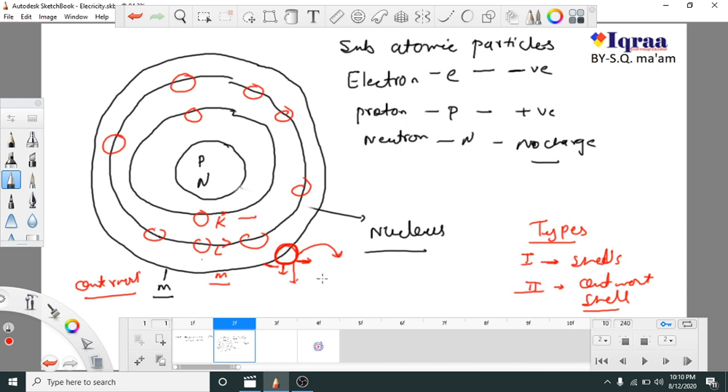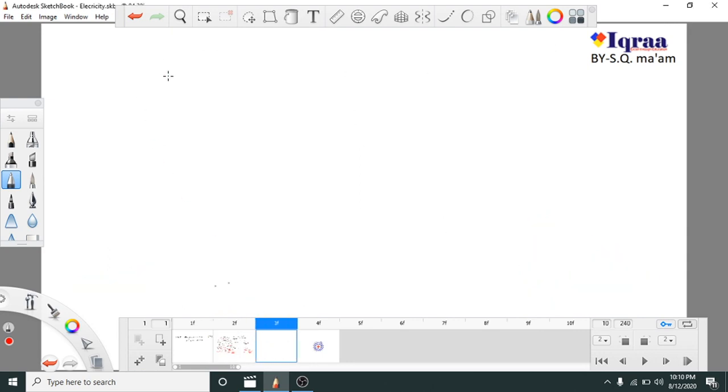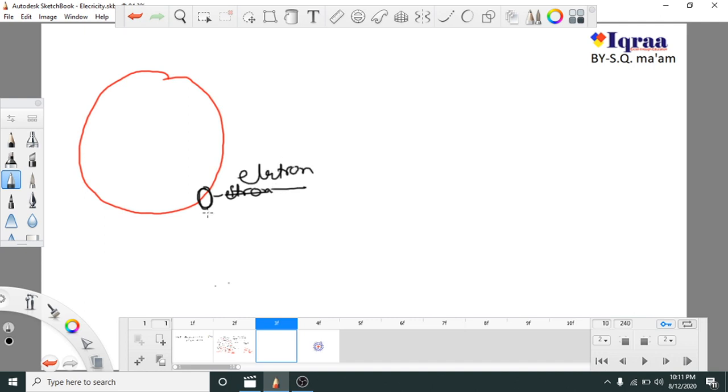The electrons present in the outermost shell are known as valence electrons. Here I'm talking about only the electrons present in the outermost shell. It could be 1, 2, 3 electrons. This is a valence electron.